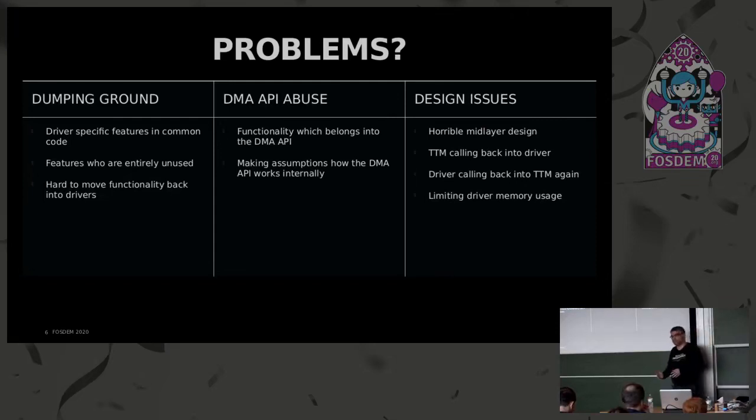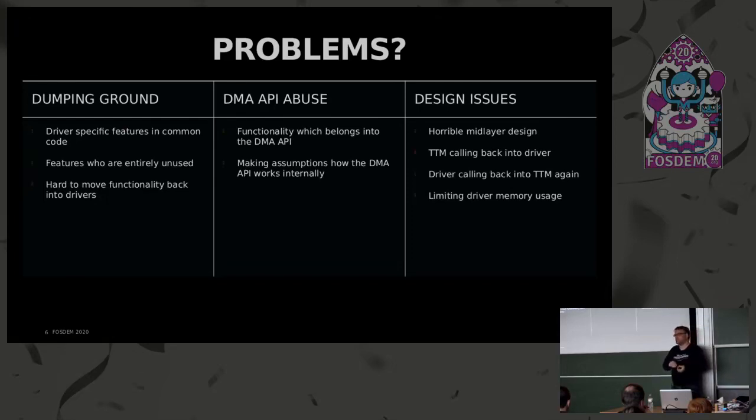The next bigger problem is that we actually abuse the DMA API in TTM. As I said before, we have those page pools. When we ask the core Linux kernel, the core operating system, to get us a free page, we always get cached system memory. Changing those attributes of those pages is actually completely x86 specific. That is also the reason why the AGP backend in TTM always only worked on x86.